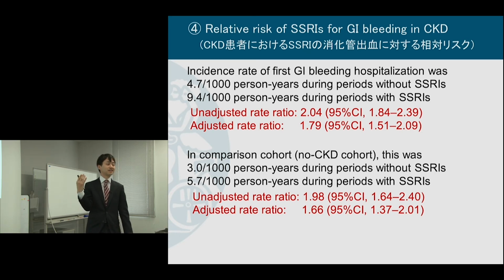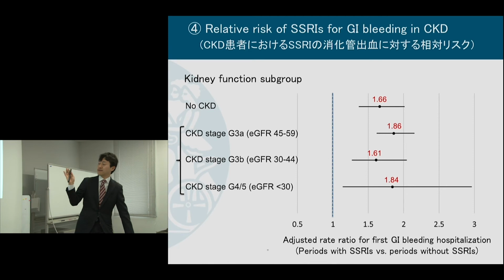Generally, medical journals like sensational news. And by obtaining this kind of boring result, my result is unlikely to be accepted by high-impact journals. So I further divided this patient group into three according to the level of kidney function.